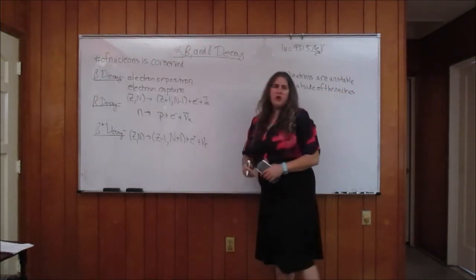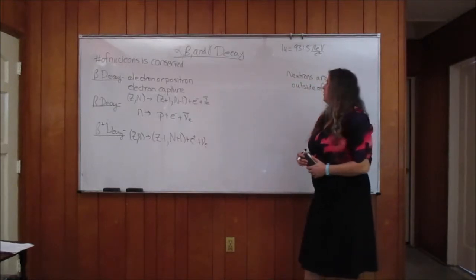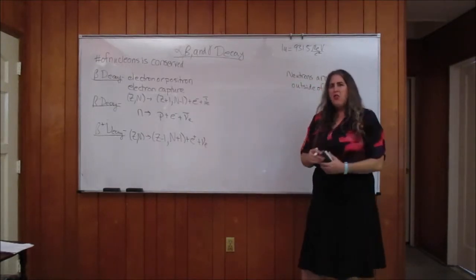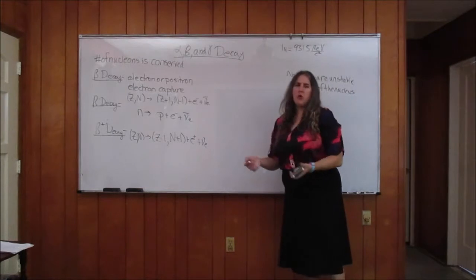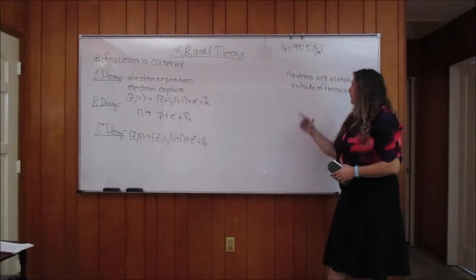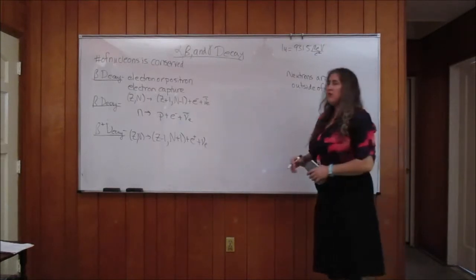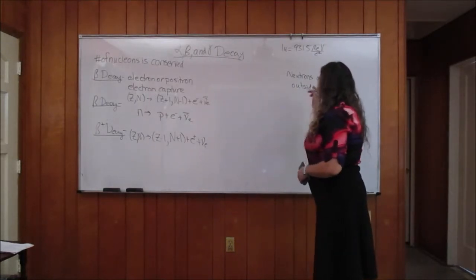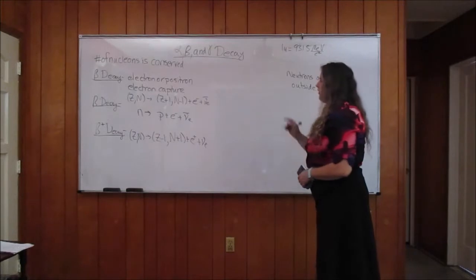In fact, the neutron has a mean lifetime of about 880 seconds. And yes, I did say that in nuclear physics people usually quote half-lives rather than mean lives. For the neutron, I just prefer to quote the mean life, and that's 880 seconds. So that's unstable outside of the nucleus.